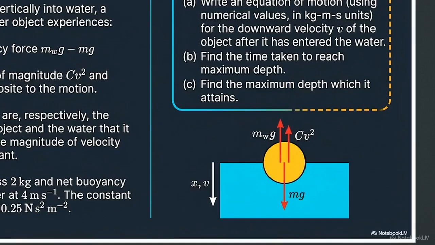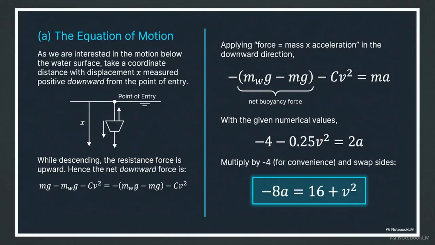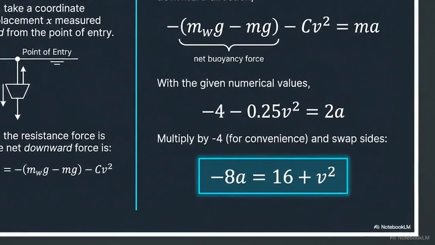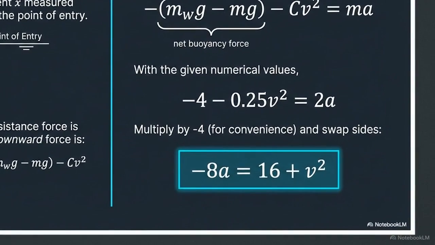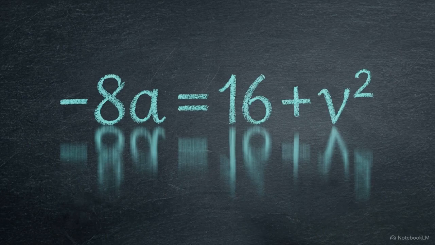In the top right equation, we map these opposing forces onto Newton's second law to establish the raw equation of motion. We insert the numerical values for mass and water resistance, simplifying the math to reveal this final boxed equation governing the entire descent. This single differential equation defines the entire underwater descent.